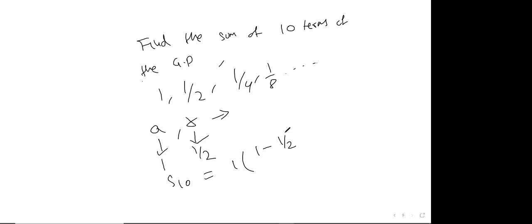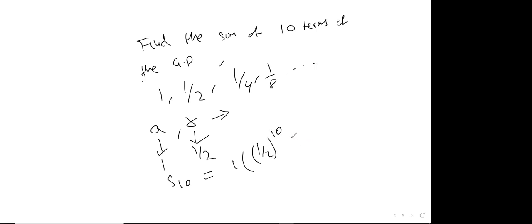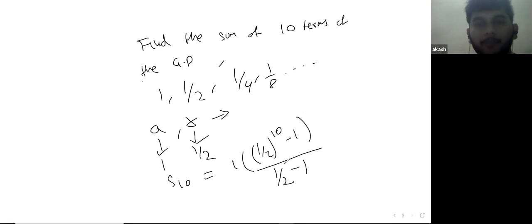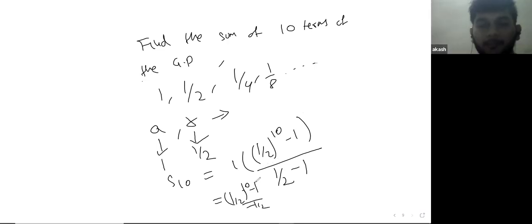Sir, 1/2 raised to n, 1/2 raised to 10 and minus 1, here this, minus 2. Right? Yes, sir. Yeah, so this is half raised to 10 minus 1 upon minus half.